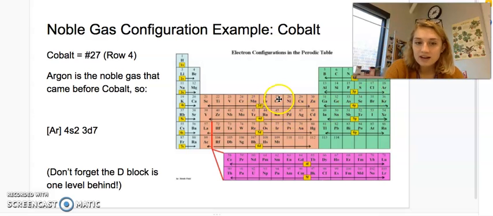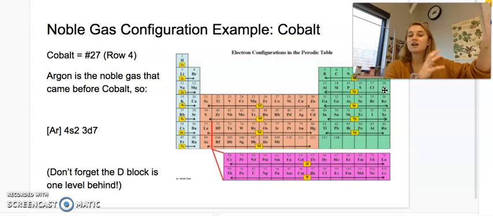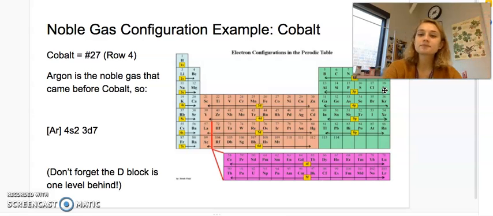So if I find cobalt right here and I go up and find the noble gas that's right there, I find argon, which means I'm going to start at argon. So now I don't have to write in anything up until this point. I can just write Ar, which I did right over here, in the brackets. Now I'm going to start from there. So next I would have 4s2. And then cobalt is 1, 2, 3, 4, 5, 6, 7, 3d7.